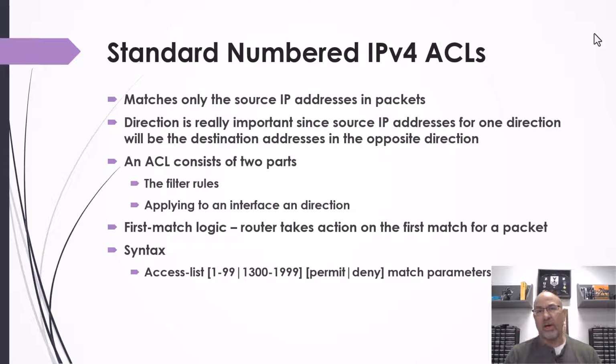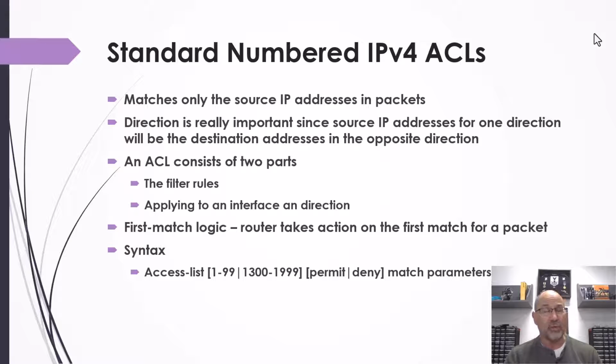All that we care about is the source IP address in the packets that you're seeing. So direction is really important because the source IP addresses for one direction will be the destination addresses in the opposite direction. If you think about that for a sec, if I ping an address out on the network somewhere, when the answer comes back, it's an answer to me, which would be my destination.